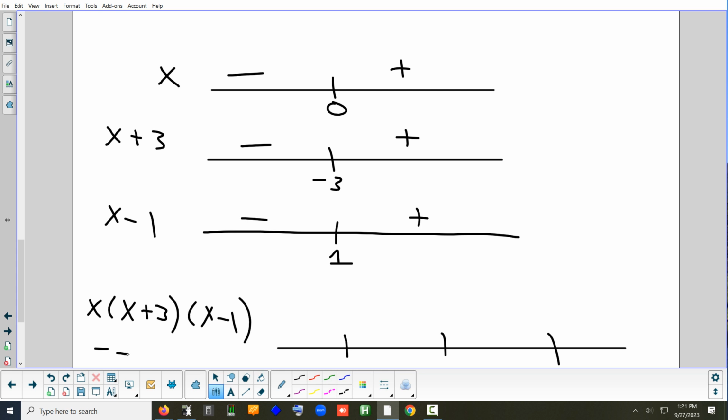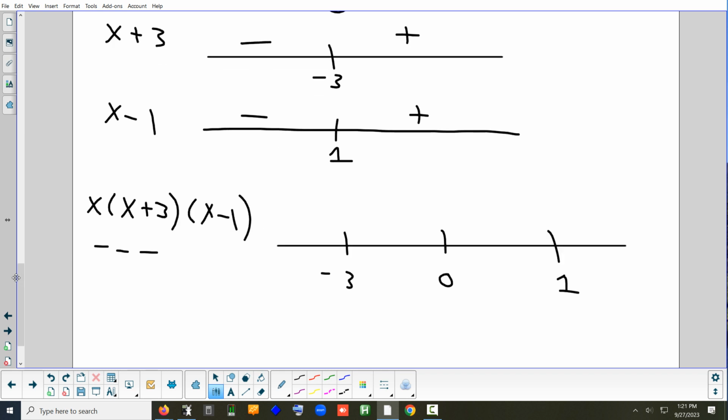And in the bottom number line, if I am below -3, what section am I in? Negative. So if you pick a number that's below -3 and you fill it in, you're going to end up with a negative times a negative times a negative, which is a negative. Okay, let's try one more, and then I think you'll kind of see the pattern here.